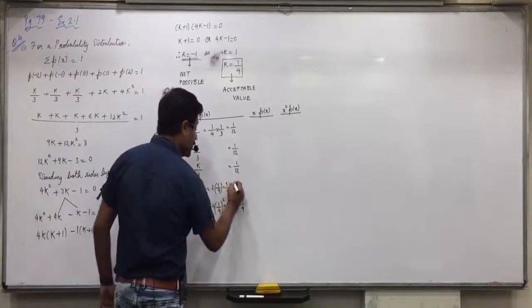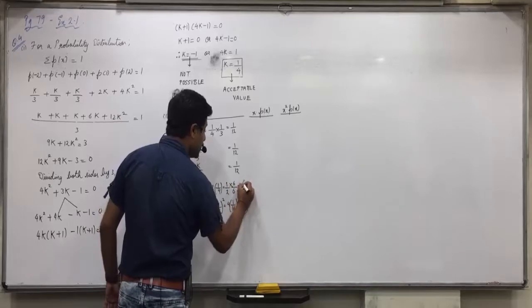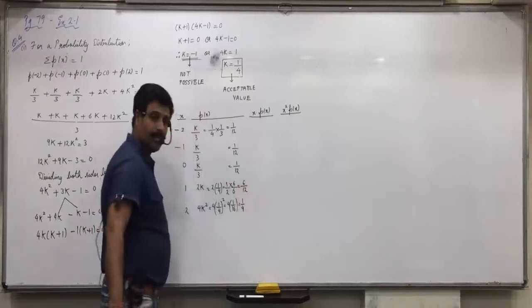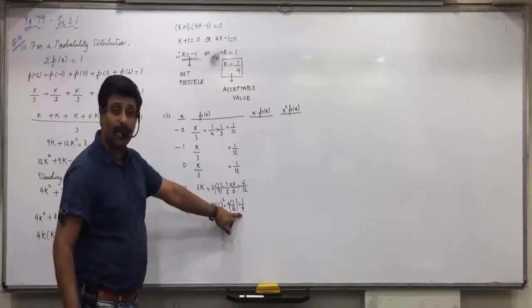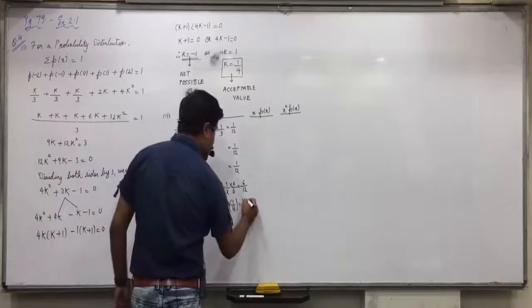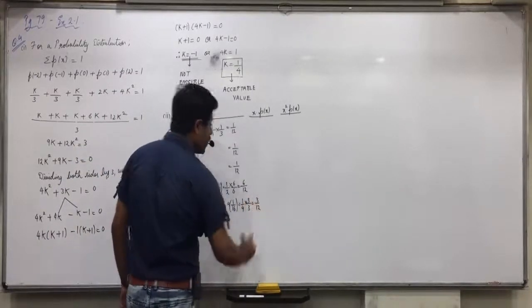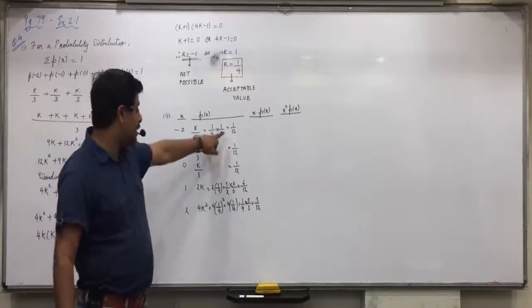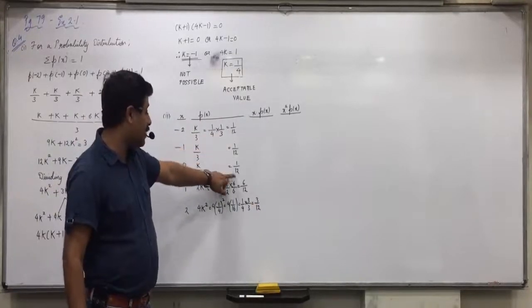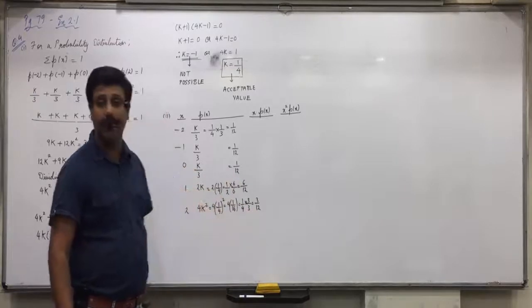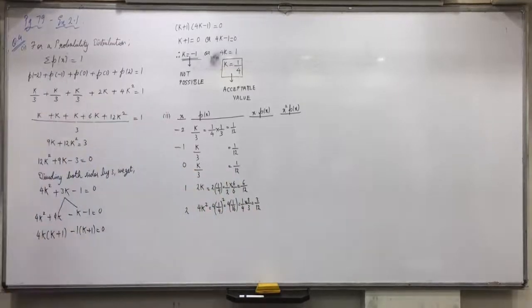Into 6 by 6 means 6 by 12. How can you make this 1 by 4? Into 3 by 3, that is 3 by 12. So we will take the final probabilities as 1 by 12, 1 by 12, 1 by 12, 6 by 12, 3 by 12. Did everyone understand this?